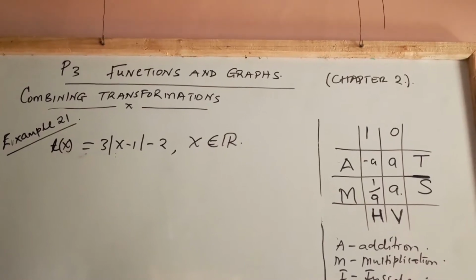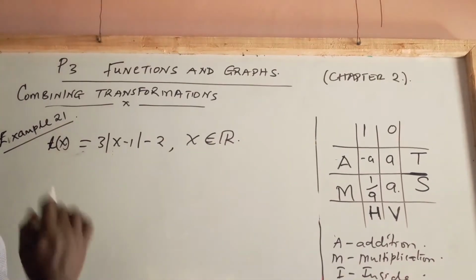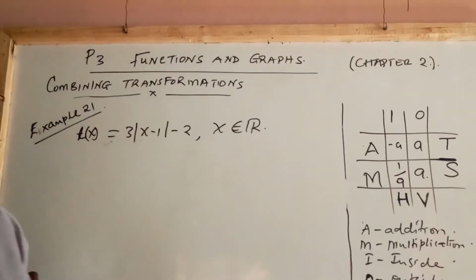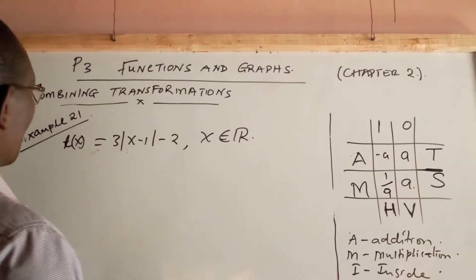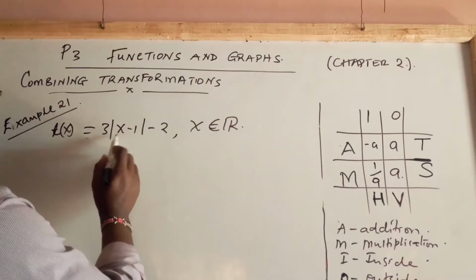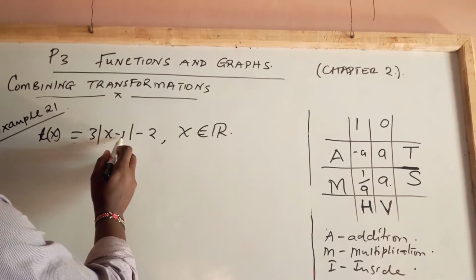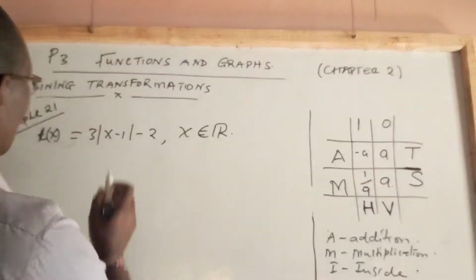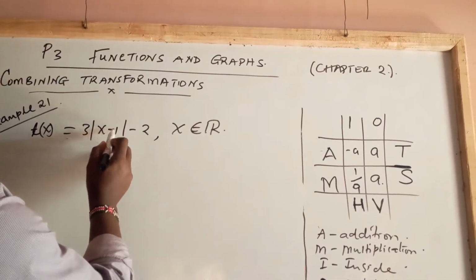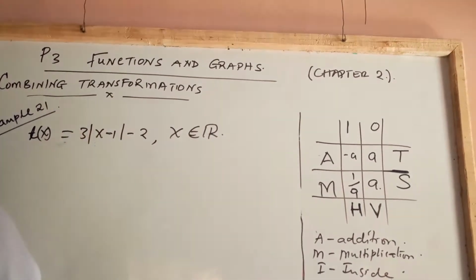Before we sketch the function, I would want us to identify how many transformations we have. Upon x, there is an addition inside, which is -1. This is a transformation.